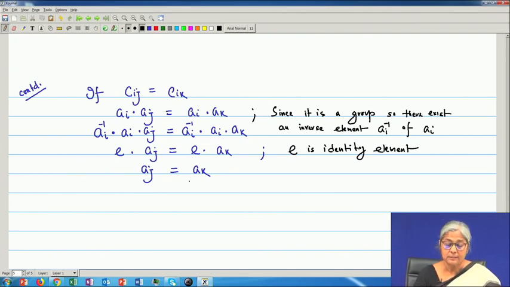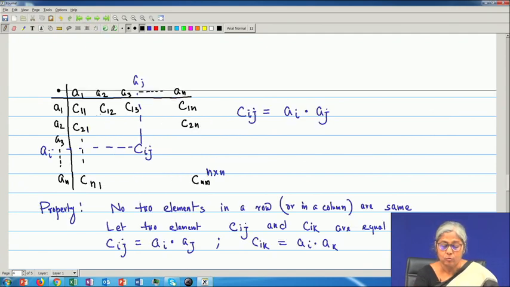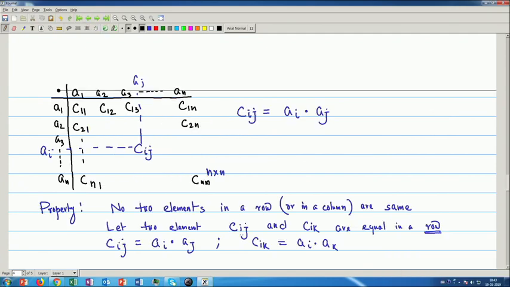Now, since it is a set, no two elements are the same, so Aj and Ak cannot be the same.